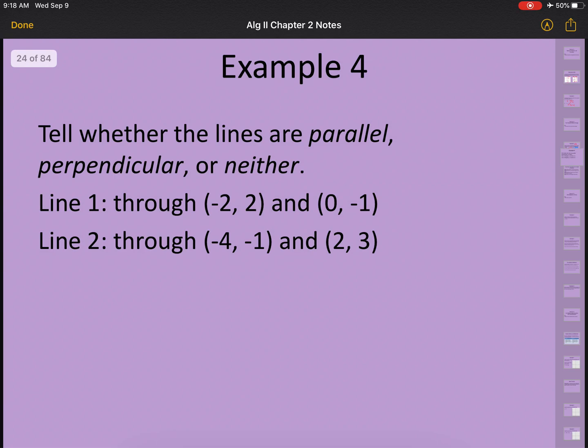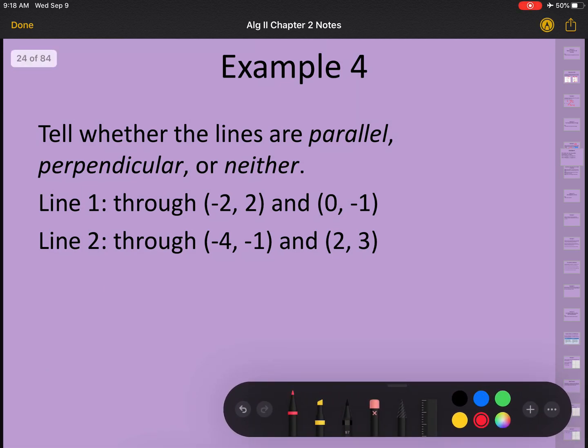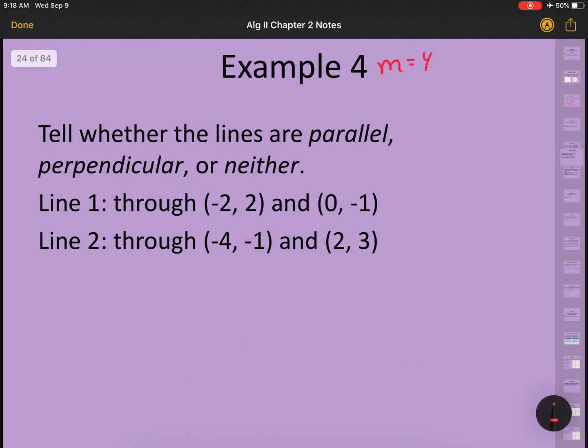So in this last example here, what we're going to do is find the slopes of these lines separately and then compare them to see if they're parallel, perpendicular, or neither. So first, I need to remember my slope formula, right? y2 minus y1 over x2 minus x1. Okay, so label your points, x1 and y1, x2 and y2.